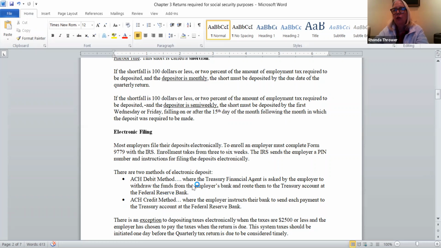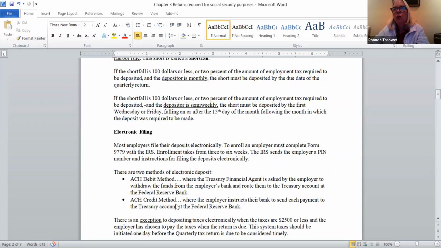So if you choose the ACH debit method, you instruct the Treasury financial agent to withdraw the funds from the bank, and then the Treasury financial agent will route them to the Treasury account at the Federal Reserve Bank.